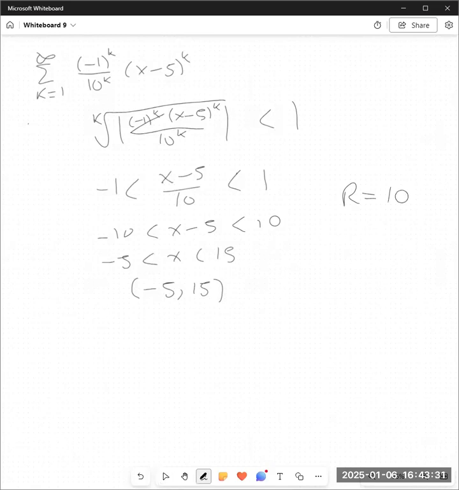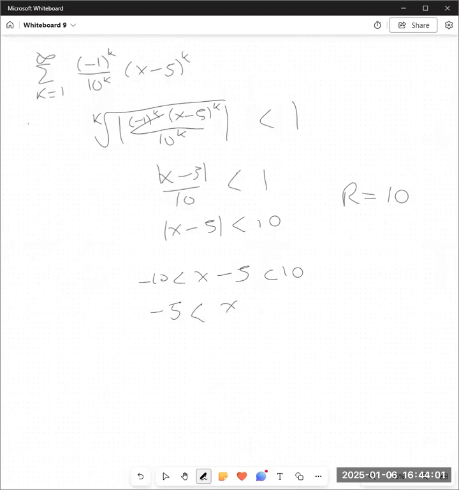I get that by isolating this absolute value here, so there's my r, and then I can set that up between -10 and 10. Solve that, and this is -5 to 15.